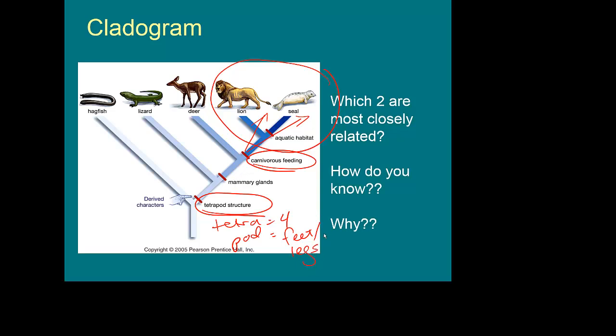Okay, so this 4-limbed structure, a lizard, a deer, a lion, and a seal certainly have 4 legs or 4 limbs associated with them. So our tree holds in that everything after that tetrapod structure designation has a tetrapod structure. Same with mammary glands. A lizard does not have mammary glands, neither does a hagfish, but a deer, a lion, and a seal do.